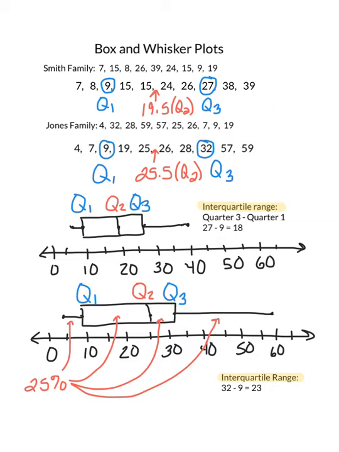So each of these represents about 25% of the data. So from quarter 1 to quarter 3, that would be 50%. So inside the box would be 50% of the data, because 25 plus 25. Notice these pieces aren't equally spaced apart because it depends on how the numbers vary, but they're still 25%.